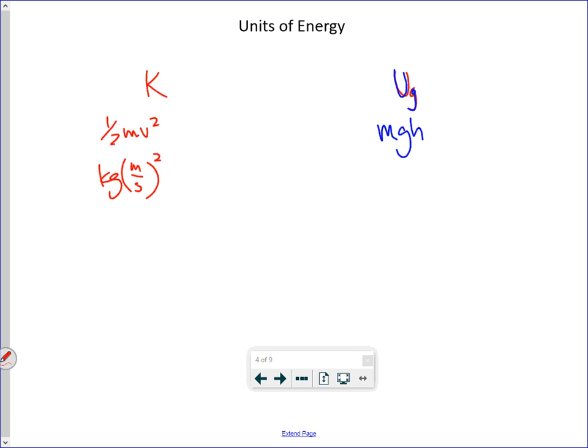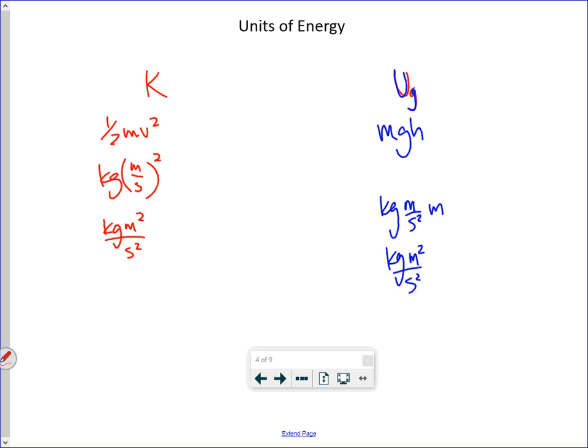There's mv squared, kilogram meters squared per second squared. This is in meters per second squared for g, and then meters, oh yeah, that's also kilogram meters squared per second squared.